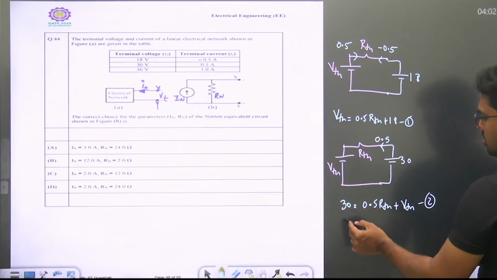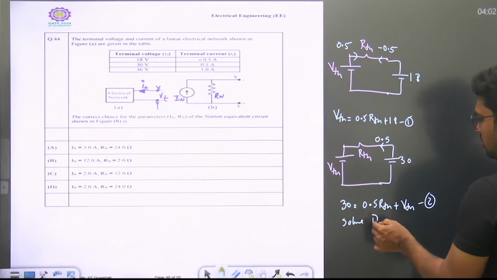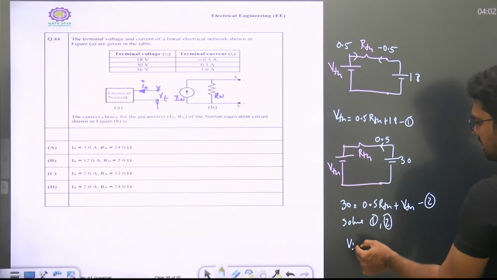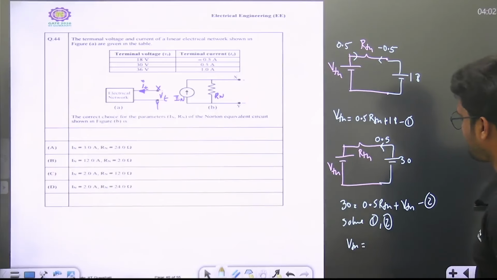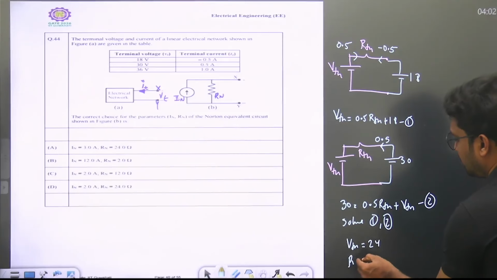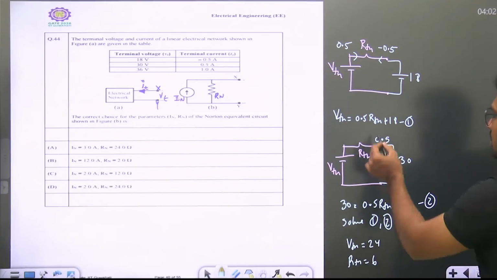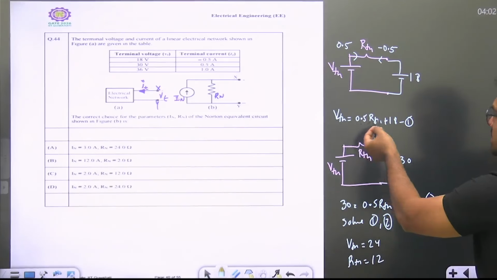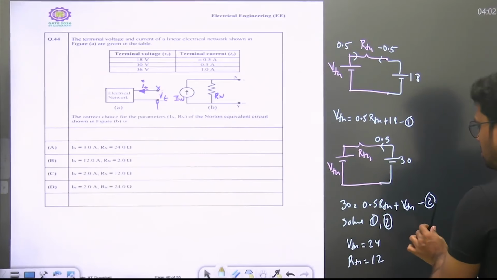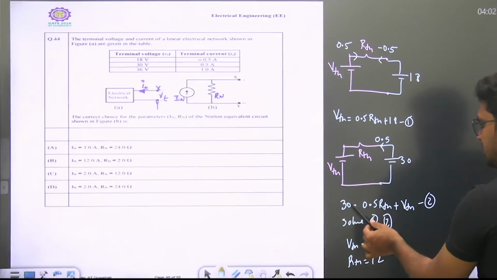Okay, so solve 1, 2, you get VTH equal to 24, RTH equal to 12. 12 into 0.5 is 6 plus 18, 24. Same way, 24 plus 6, 30.